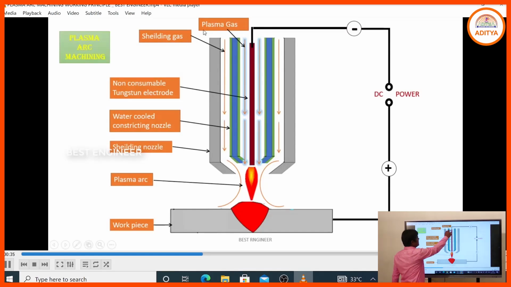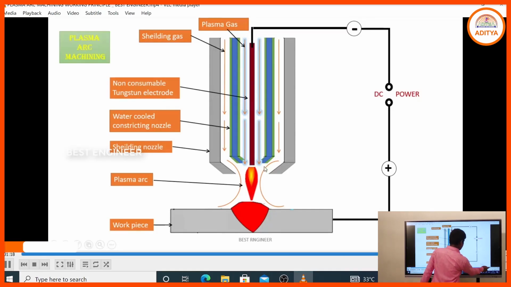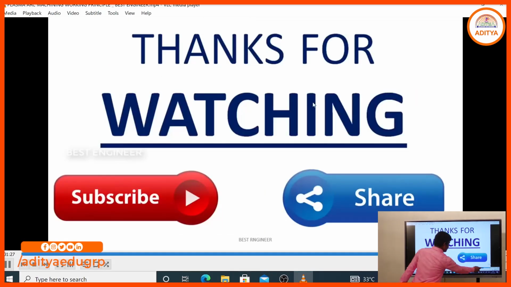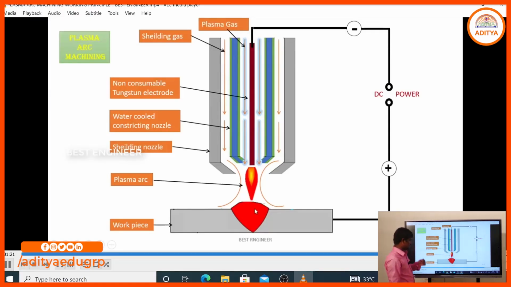One end, the non-consumable electrode, is connected to the negative end, and the workpiece is connected to the positive end of the power supply. When we switch on the power supply, the arc is generated. That arc creates the molten state at the particular welding faces, which are joined accordingly.